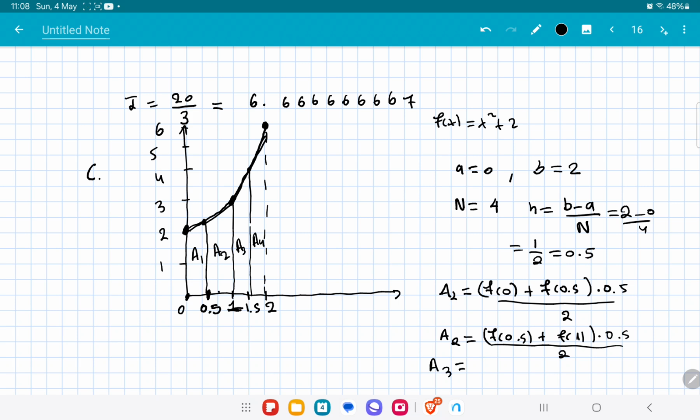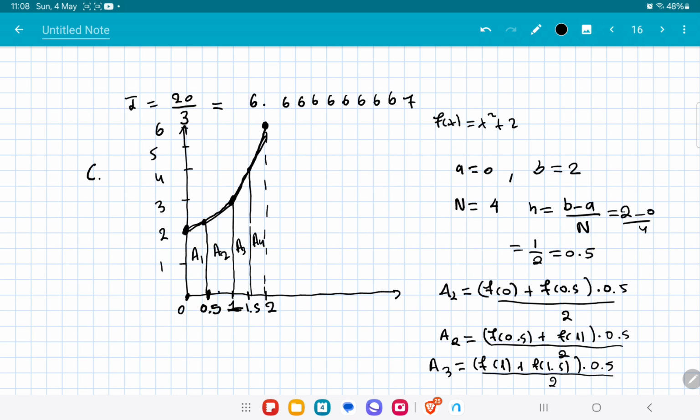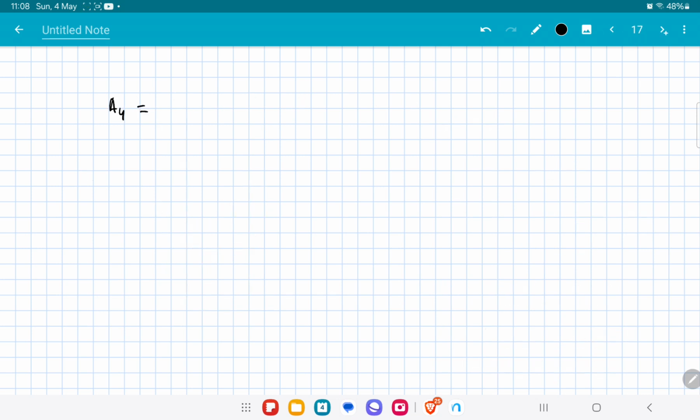A3 is going to be f of 1 plus f of 1.5 times 0.5 divided by 2. And A4 is going to be f of 1.5 plus f of 2 times 0.5 over 2.